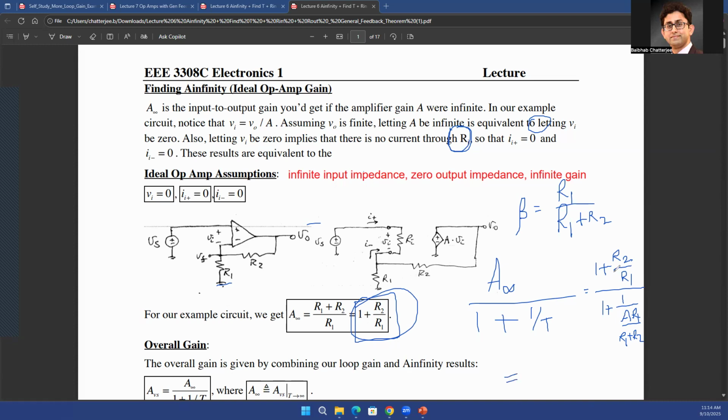So you have 1 plus R2 over R1, and in the denominator, you will have 1 plus R1 plus R2 divided by A times R1. And here you will have R1 divided by, and in the numerator you will have R1 plus R2.